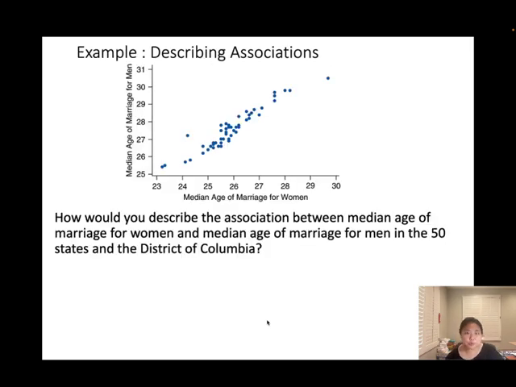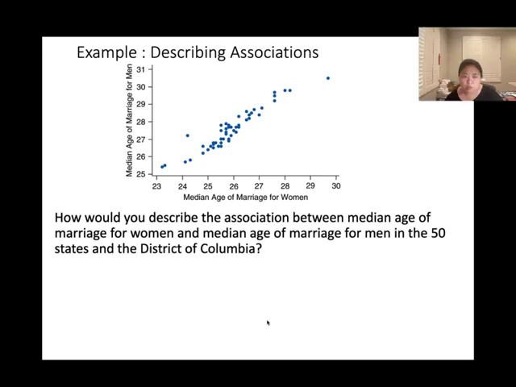Look at this example. How could you describe the association between the median age of marriage of women and the median age of marriage for men in the 50 states and the District of Columbia? So you could think about writing a description of the association. We're going to talk about the trend: increasing, decreasing, or neither.